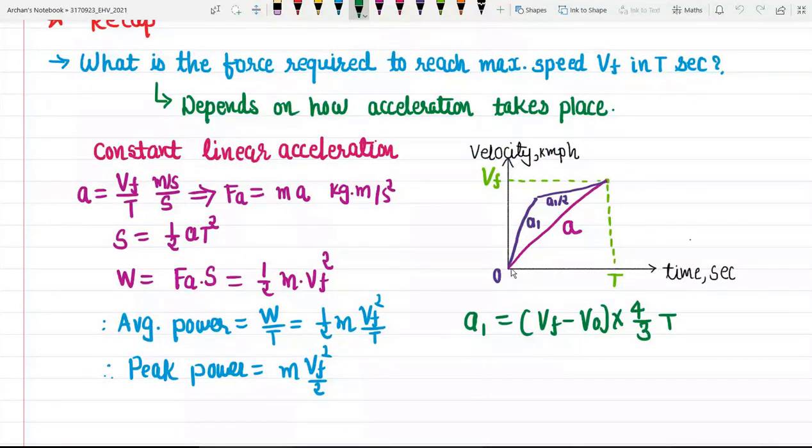So if we accelerate our vehicle such that for the first half time we accelerate at a high value, and for the rest of the time at half of the initial acceleration, that will consume 0.667 less power compared to constant linear acceleration.